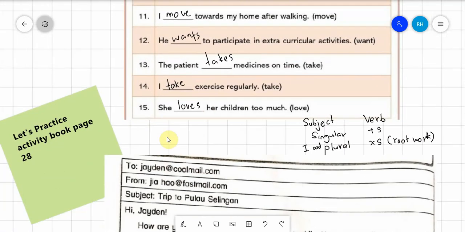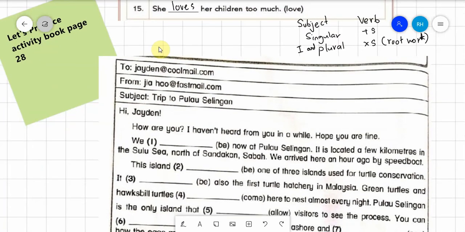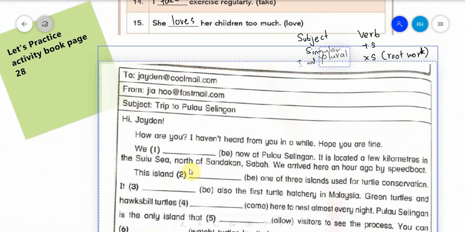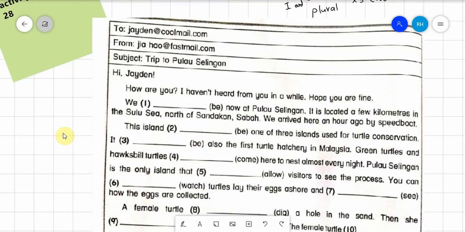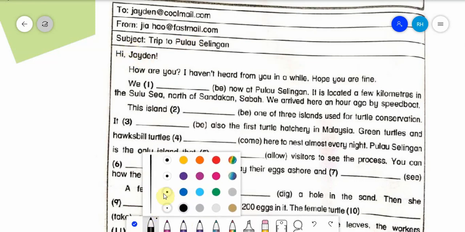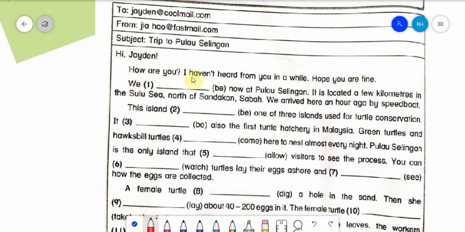Okay, now let's do it together, activity book page 28. To Jaden at coolmail.com, from Jiahao at fastmail.com. Subject: trip to Pulau Selingan. Hi Jaden, how are you? I haven't heard from you in a while.